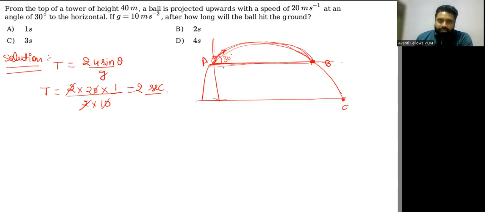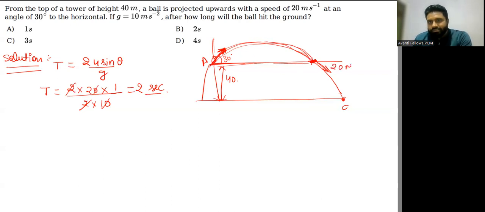Let's say this point is C. We know this height is 40. If we know the velocity at this point, then it is simple for us to calculate the time. Now, what is the velocity? According to projectile motion, the velocity at this point would be the same as at the point of projection, which is 20 meter per second.